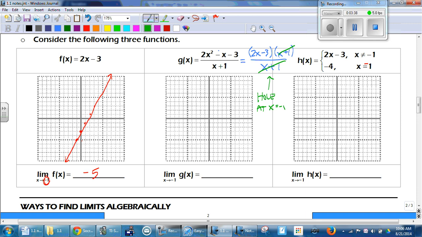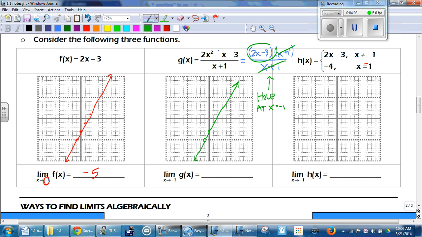But now we see what's left is just 2x minus 3, which is the same as this graph here. So this function is going to look just like this one, except it has a hole at -1. So we've already established -1, -5 for that point. So we're going to have a hole right here. Y-intercept at -3, slope of 2. So we can kind of draw our line here.